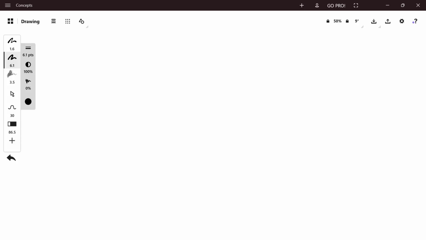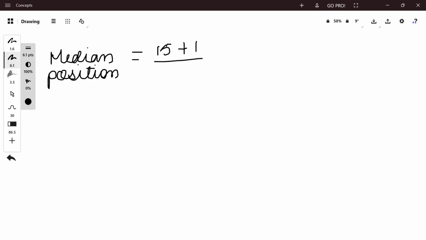Median position is equal to 15 plus 1 upon 2, which is equal to 16 upon 2, which is equal to the 8th term.